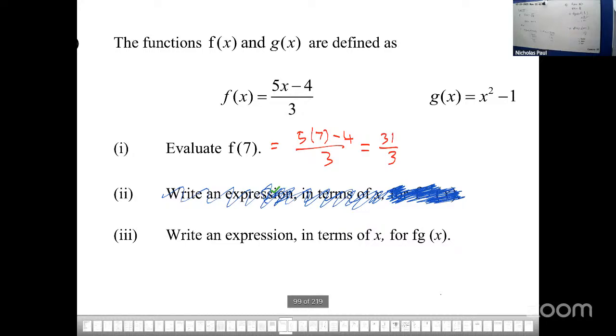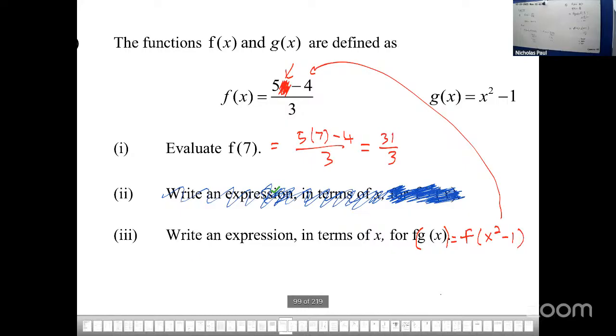Let's see how that will look. So first thing, I put in a bracket around g of x. So that'll be f of x squared plus 1. Now, wherever I have x in f of x, I'm going to replace it with that. So I'm taking off this x and I'm going to replace it with x squared plus 1.